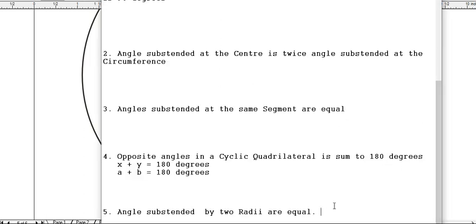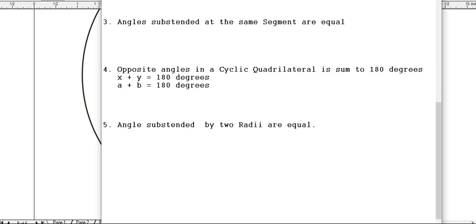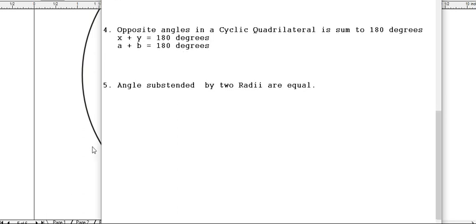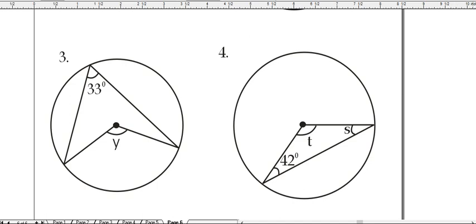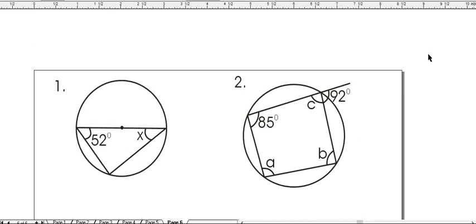So now that we have learned the given theorems, let's go to the exercises. Okay. So now the exercise 1. Let's start from number 1.